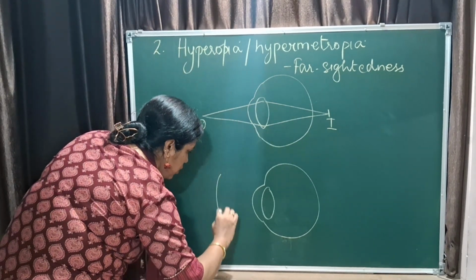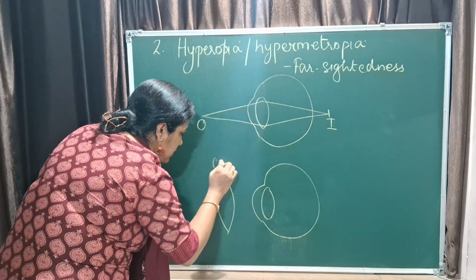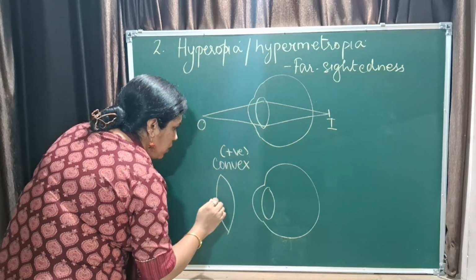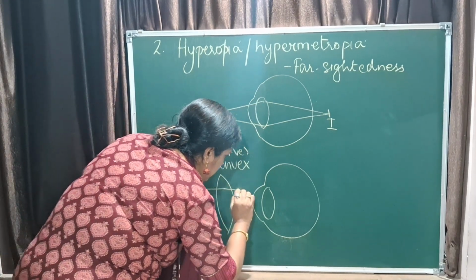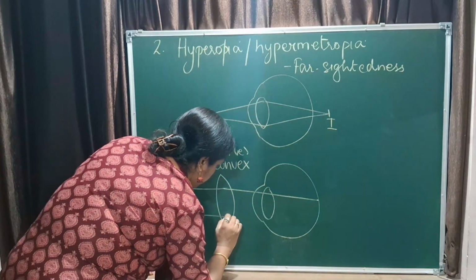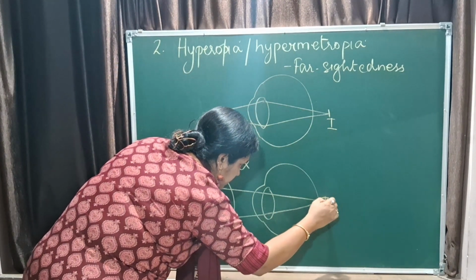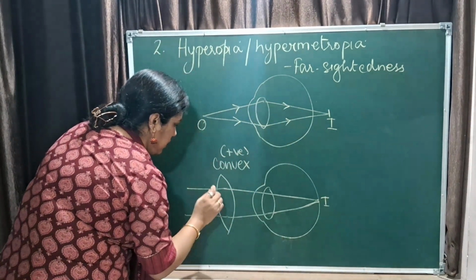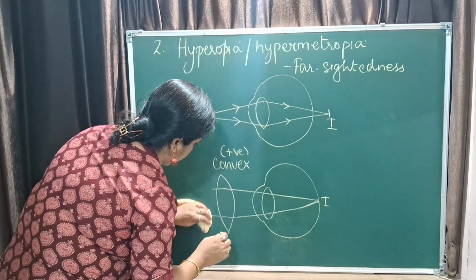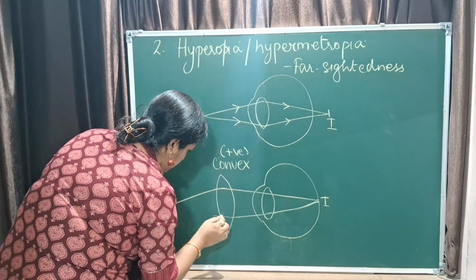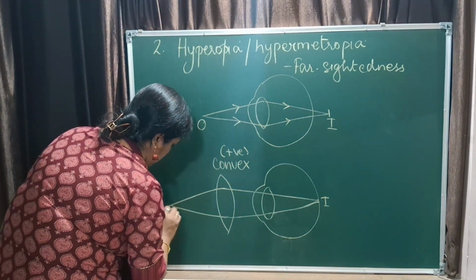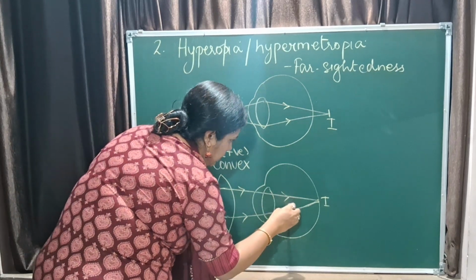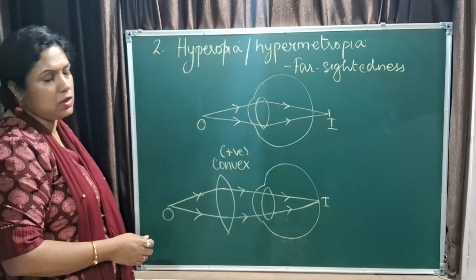To correct this, you need to use a convex lens. The power of a convex lens is always positive. And here the image formation will be on the retina. You have to make arrows, children, to show the movement of the light. Is this clear? This is how the correction works.